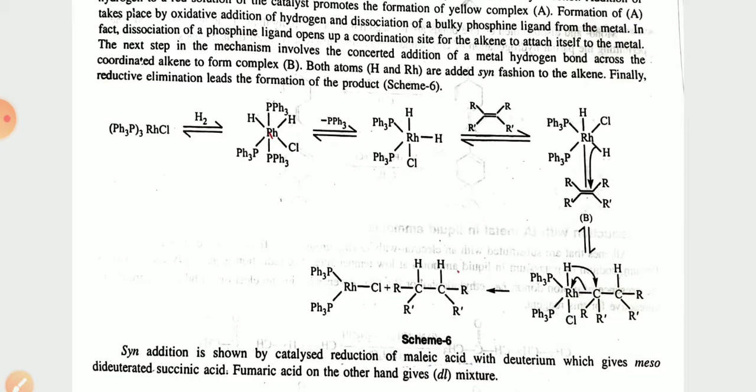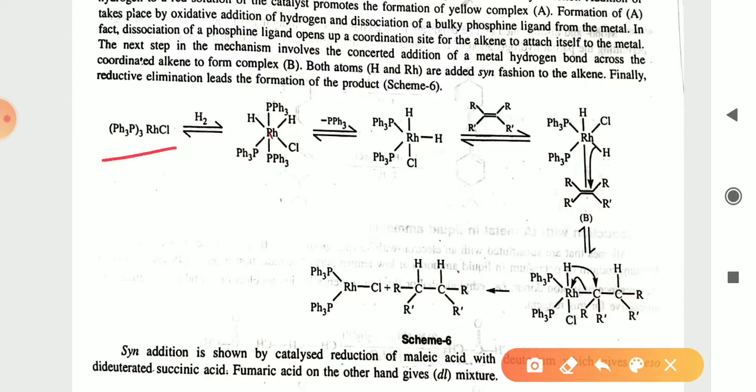You can see here the scheme, this is the Wilkinson catalyst. The H2 is here. On the Wilkinson catalyst, the addition of 2 moles of hydrogen takes place here. Now, from the 3 PPh3 ligands, 1 mole of PPh3 ligand is removed and we will get the product like this.